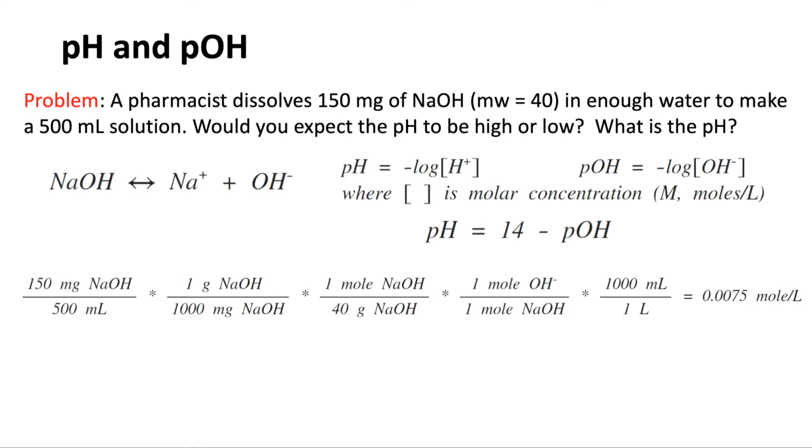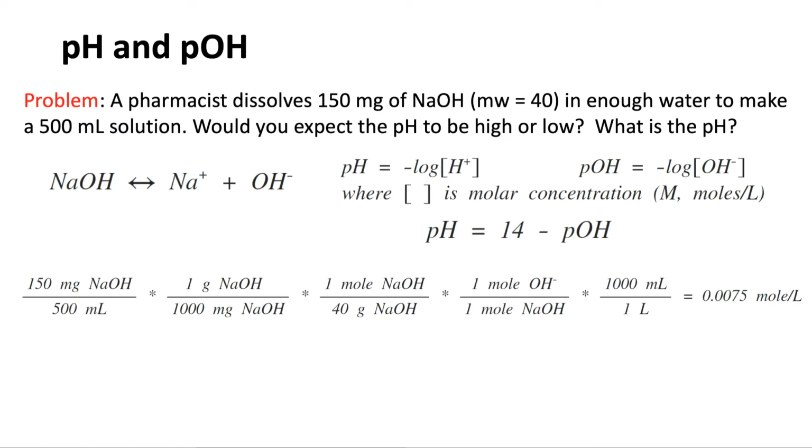So I'm going to multiply that by the fact, looking at my formula, that I get 1 mole of hydroxide molecules for every 1 mole of sodium hydroxide. And that's because the formula is NaOH. There's 1 hydroxide molecule in every 1 sodium hydroxide molecule. So now the moles of sodium hydroxide cancel, and I'm in moles of hydroxide, which is what I need.